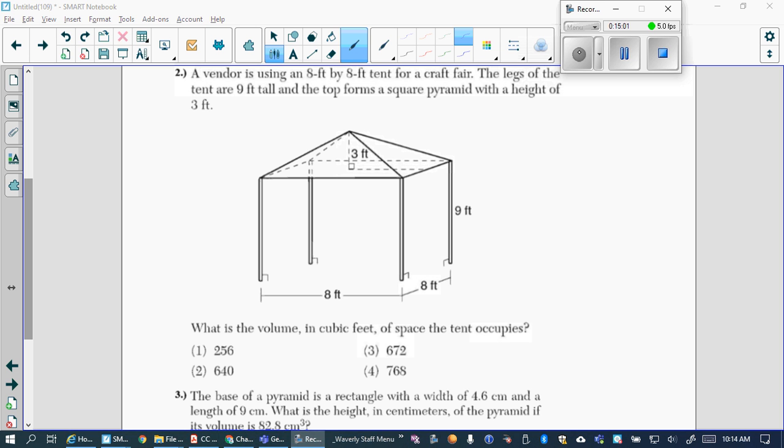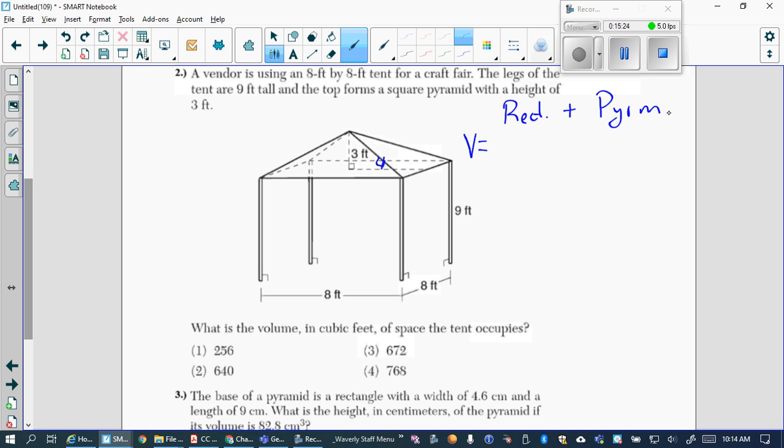Okay, so that's 3. We know that we need this up here. That's 4, right? Okay. So we got a rectangular prism and a pyramid on top, right? Okay, so volume is going to be, we're going to start out with the rectangle plus pyramid, right?